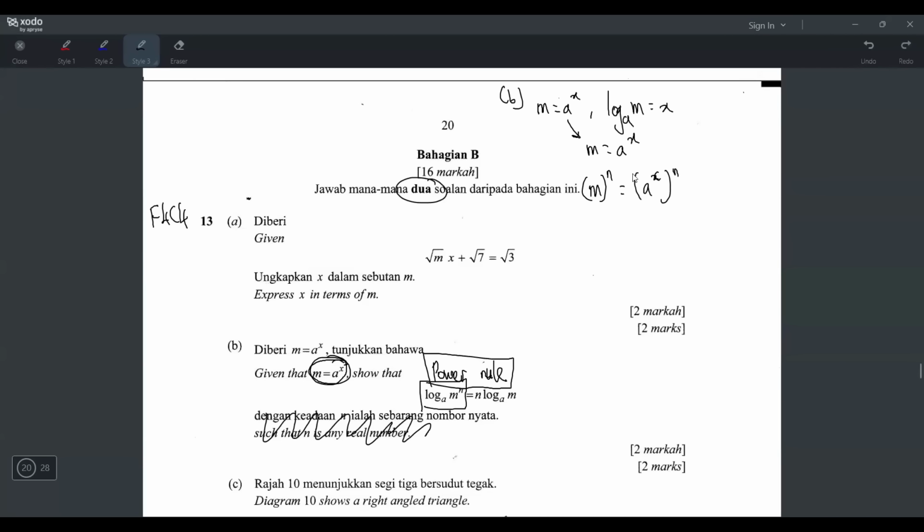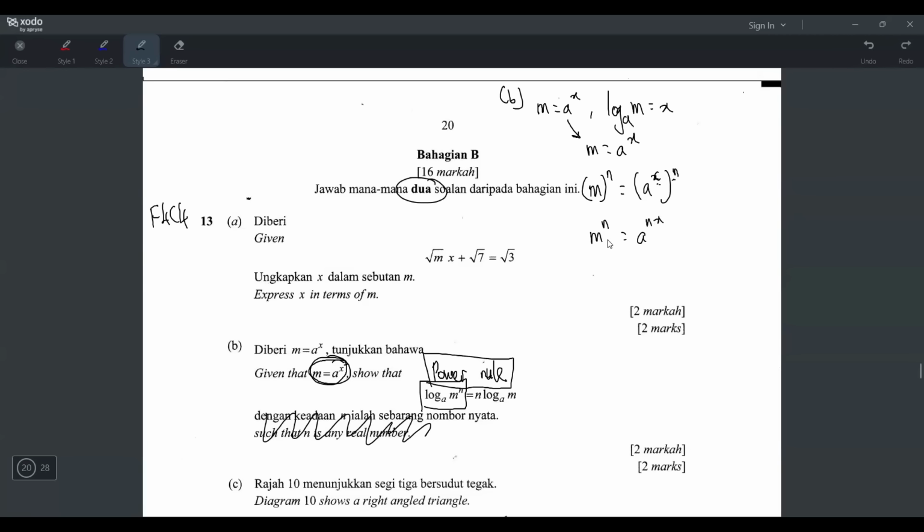Both sides are power n, so it is balanced. Now it becomes m power n, and this side becomes a power x and n. When the powers are side by side, you have to multiply, so x times n will be xn. But I will write it a bit differently, I will write nx instead. Later you'll know why. It's the same.